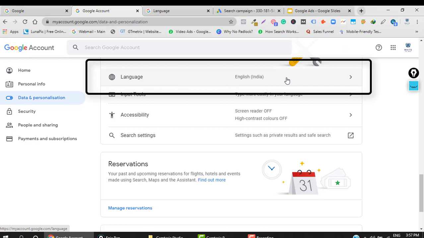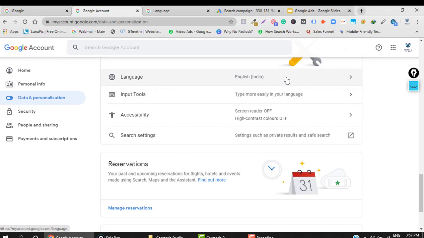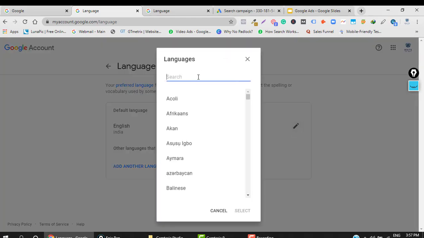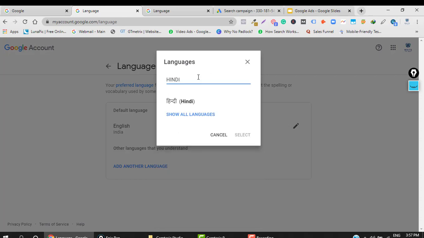So let's say you are targeting somebody who is using Hindi as the language. What should he have done? He should be having Hindi over here. Instead of English coming here, he should ideally be having Hindi coming over here.